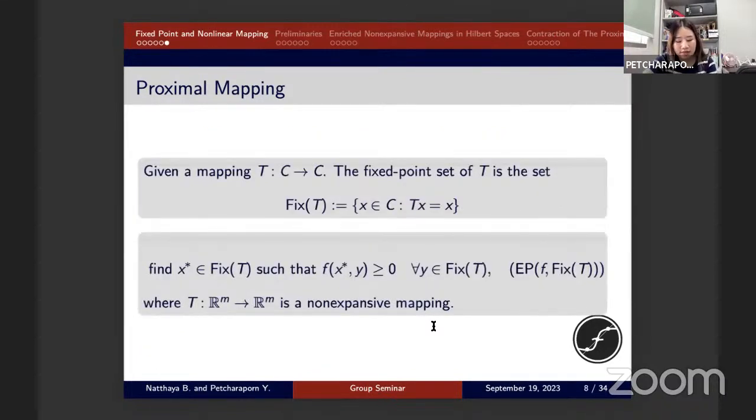And next, when T is a mapping, the fixed points of T is set Fix T defined by x in C, Tx equal x. And if we find x star in Fix T such that bifunction f of x star and y greater than or equal to 0 for all y in Fix T, then T is a non-expansive mapping.